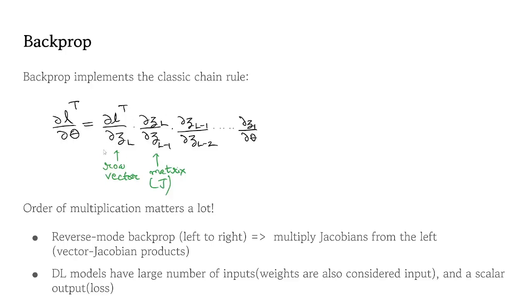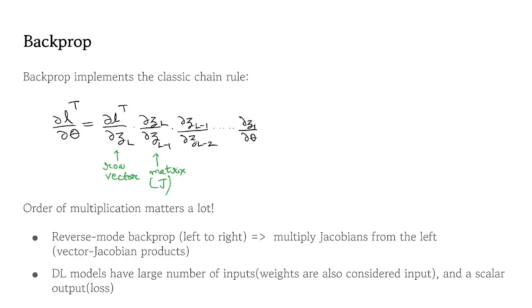So the question really is, I have to compute this quantity. What is the order in which I multiply these things? Because that makes a lot of difference. In reverse mode backpropagation, we go from left to right. You multiply first the vector and the matrix, resulting in a row vector, and so on. So every time we are multiplying a row vector and a Jacobian matrix.